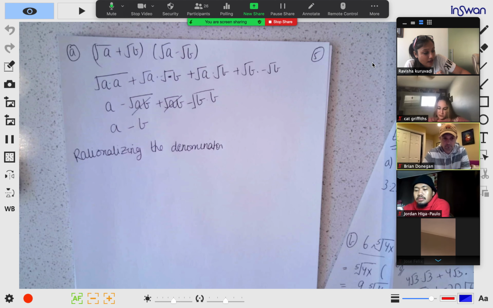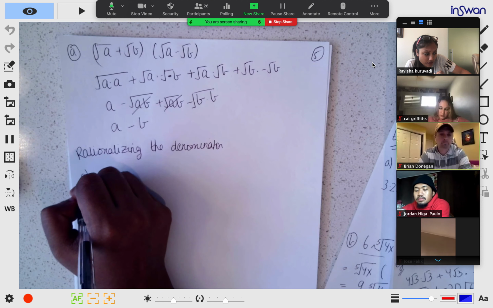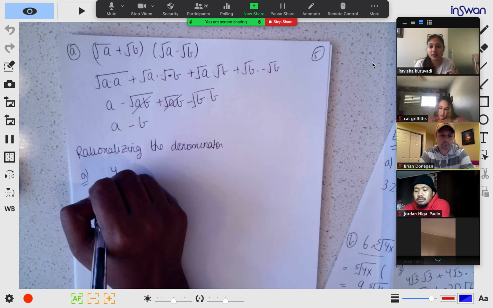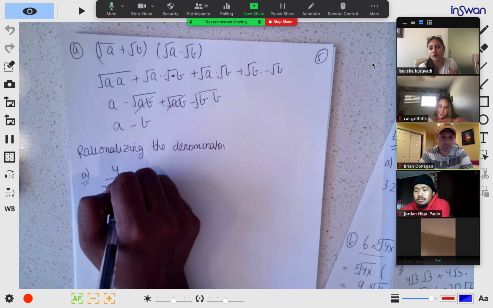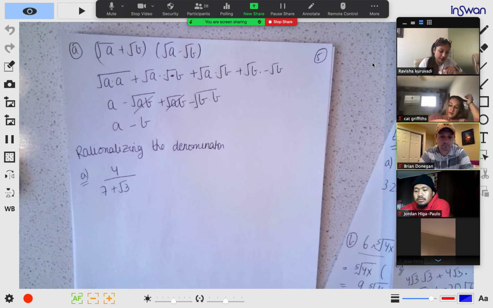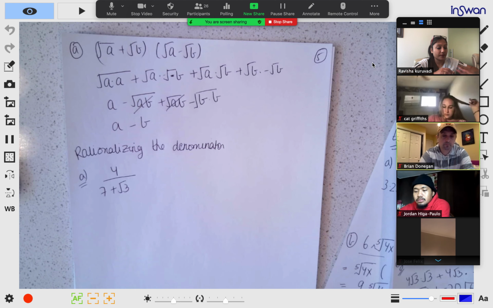Suppose you have something like 4 over 7 plus root 3. Here you have two terms in the denominator, 7 plus root 3.